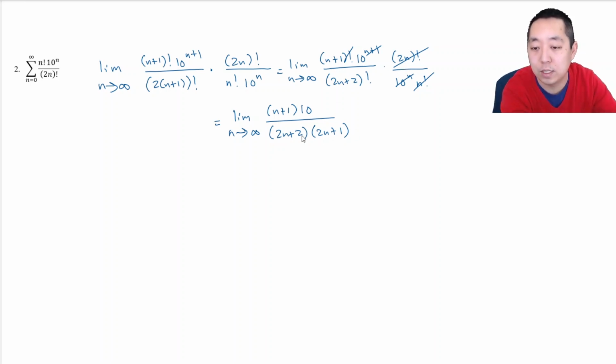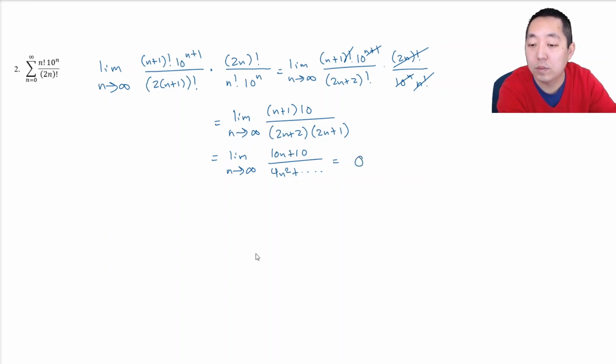Everything except the top 2 terms is going to cancel. And if I FOIL this out, or just look at the dominant term, this is going to be 10n plus 10. This is going to be 4n squared, plus a bunch of other stuff that are lower powers of n. And see, this is going to be bigger. This is n squared. This is just n. This is going to be 0. So it converges.